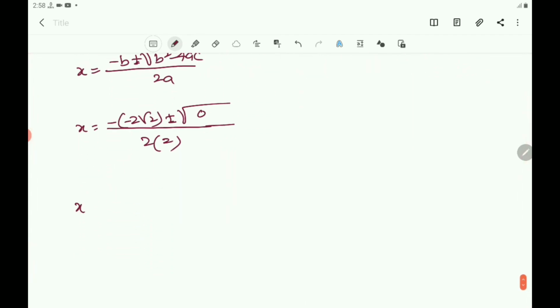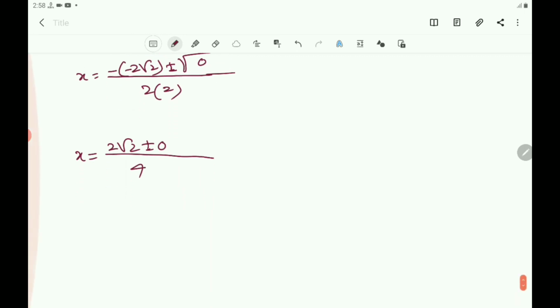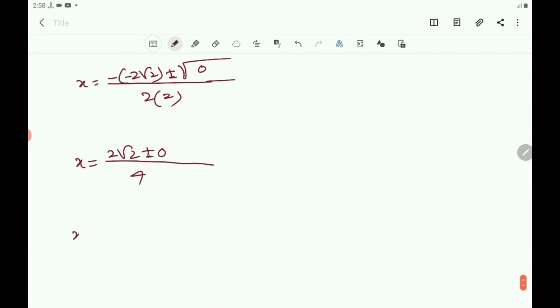So x equals minus of minus 2 root 2 is 2 root 2 plus or minus 0 over 4, 2 2s are 4.